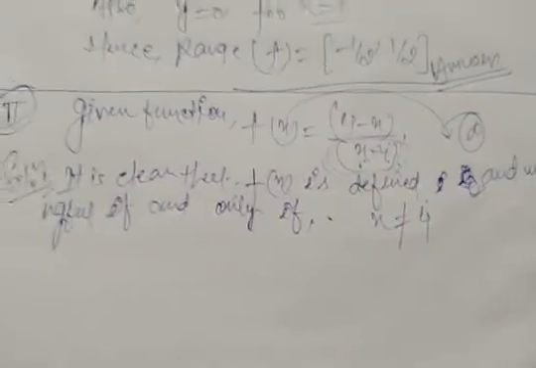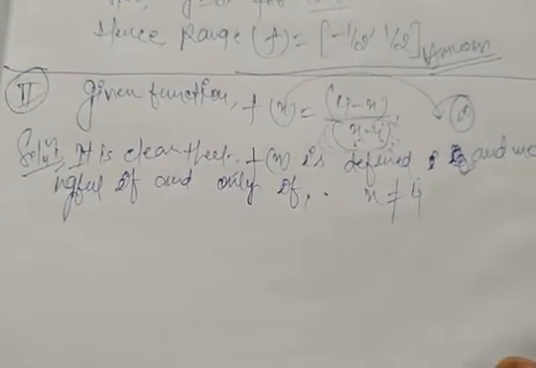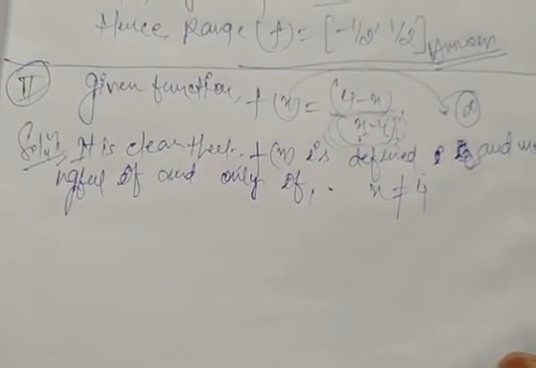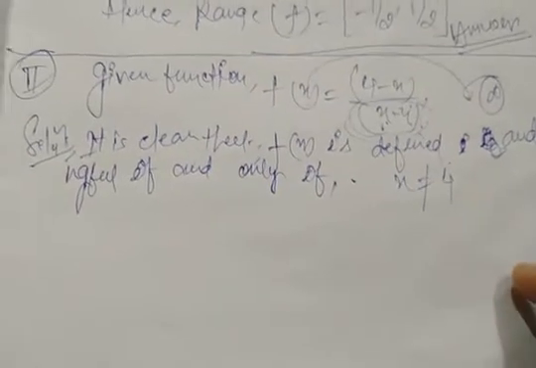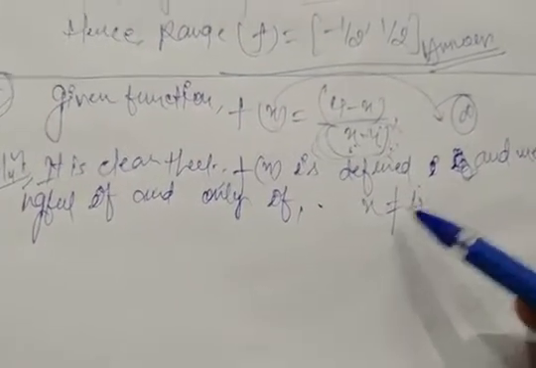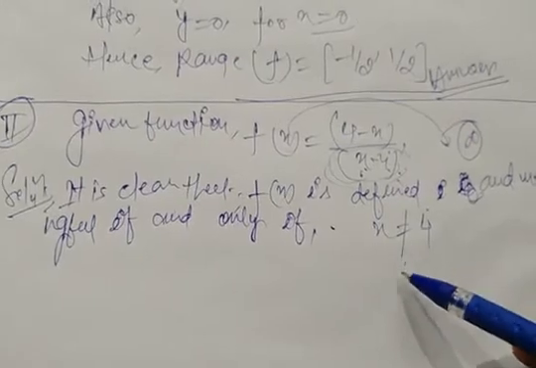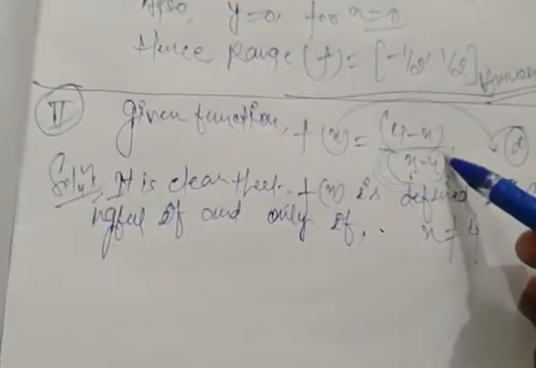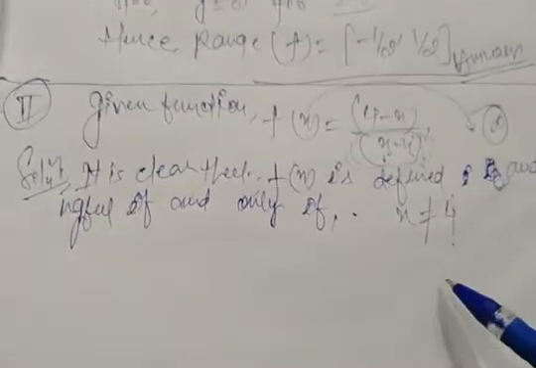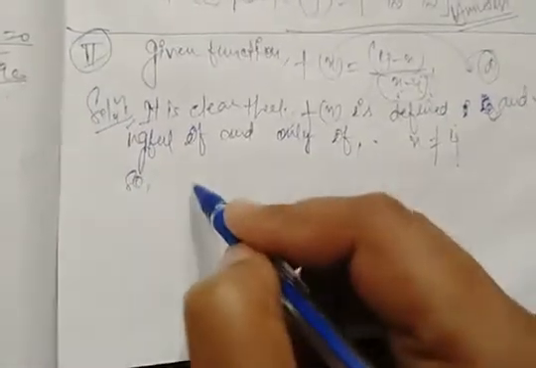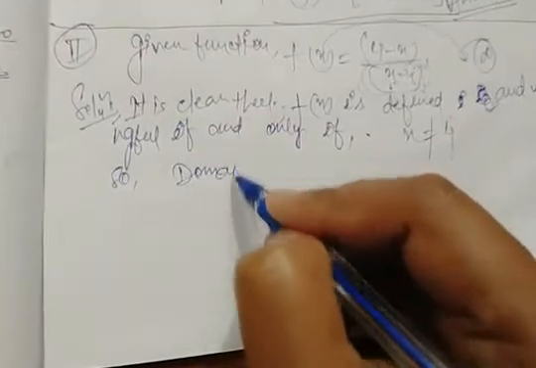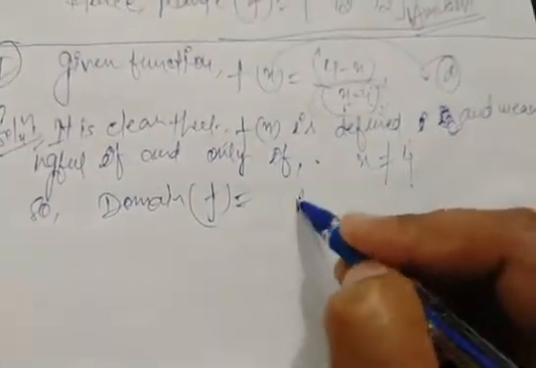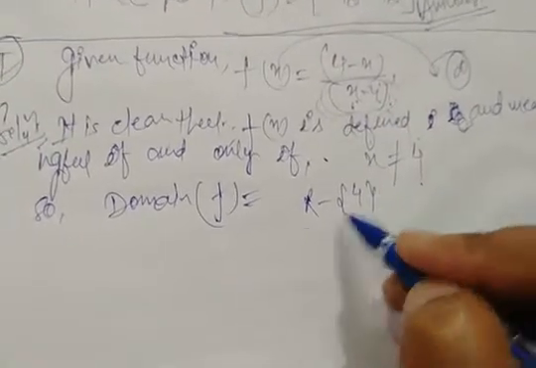And we know that the domain of any function is the set of all values of x for which the function is meaningful. So for all the values of x except 4, the function is meaningful. So the domain of the given function is all real values minus 4.